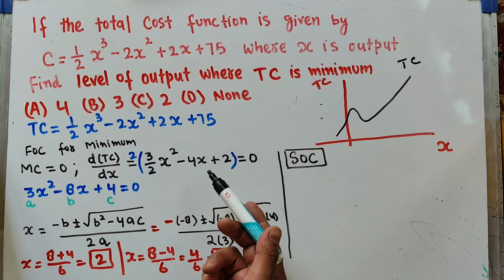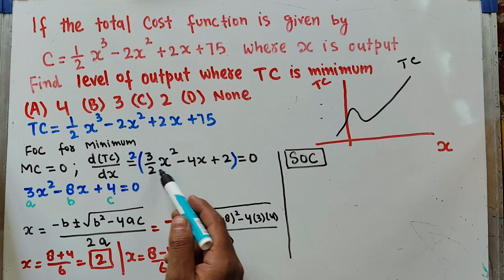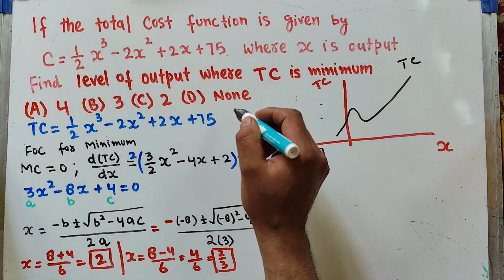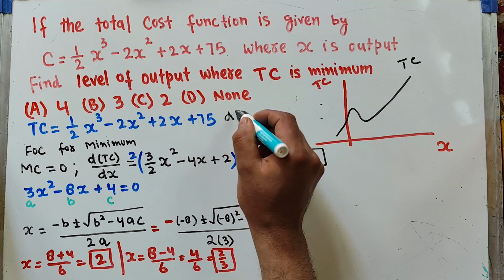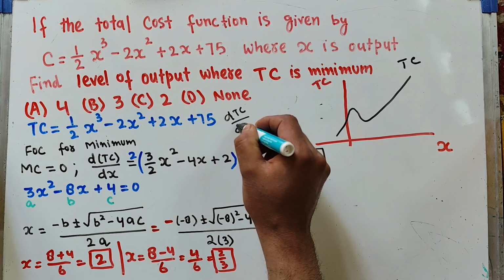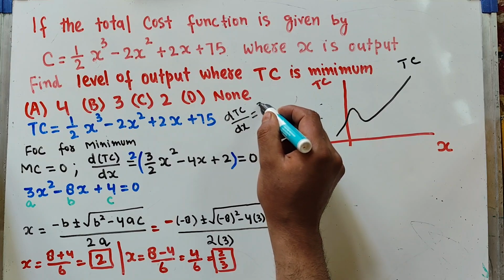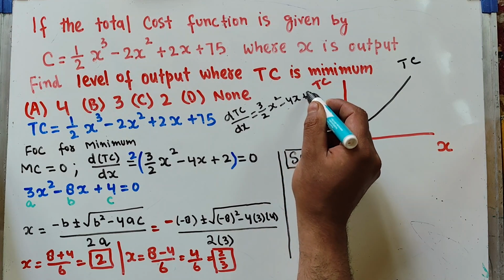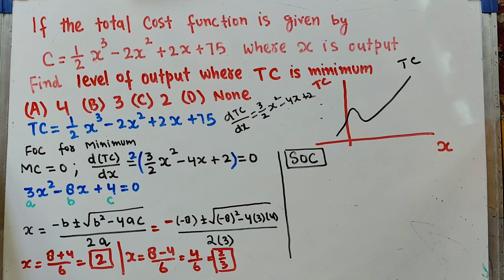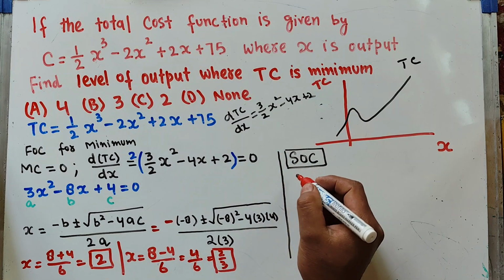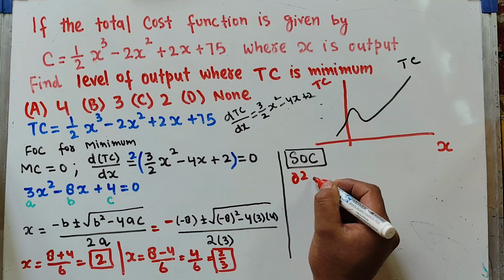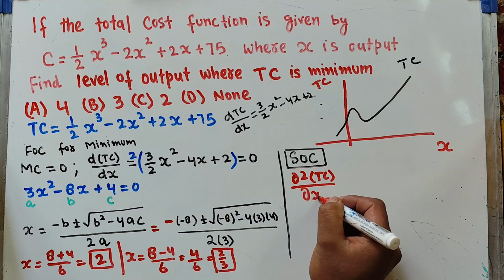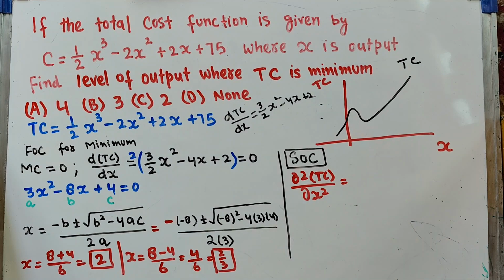Where is our first order condition? So this is our first order condition, the first order derivative, and let me write it here. dC divided by dx is equal to 3 upon 2 x square minus 4x plus 2. This was the first derivative of the total cost function. Now the second derivative will be d square C divided by dx square, and let us see what it comes out to be.